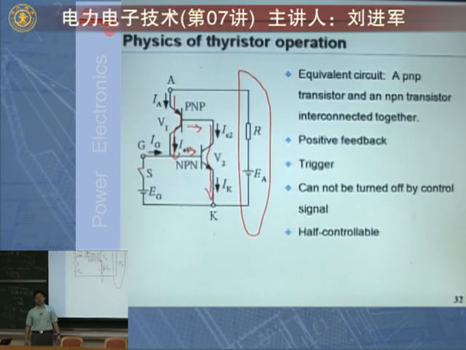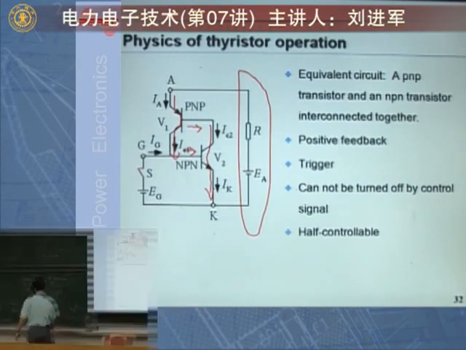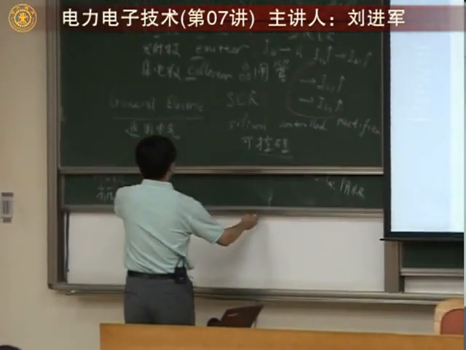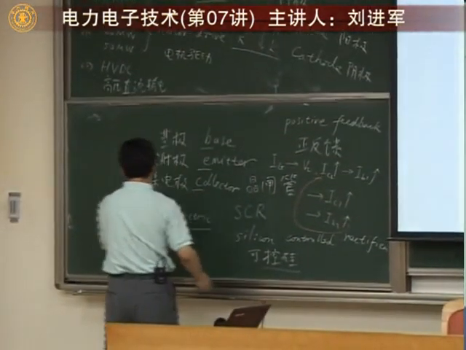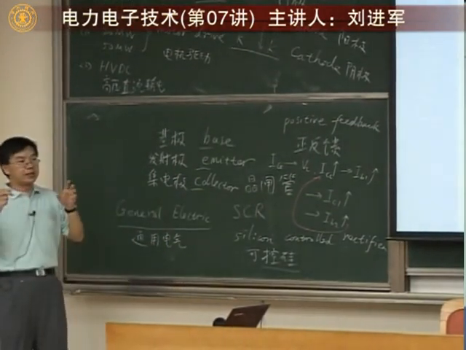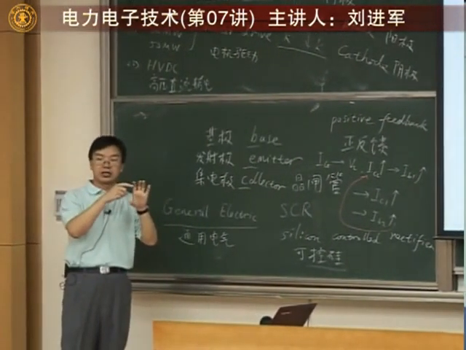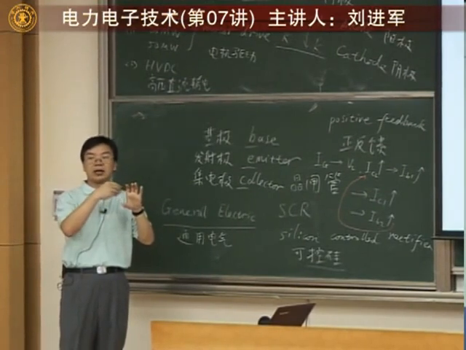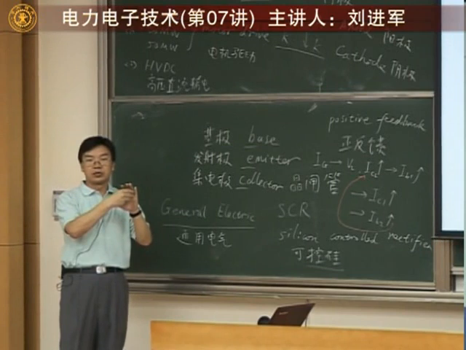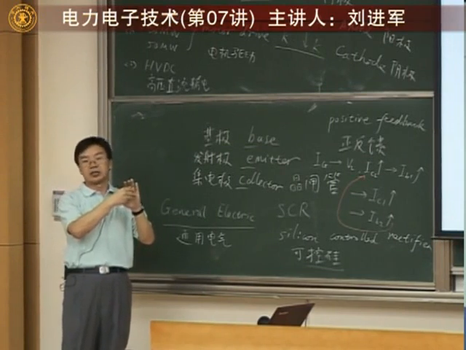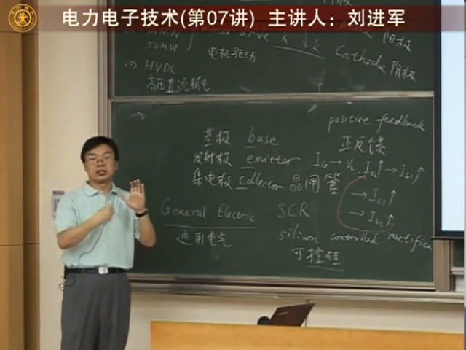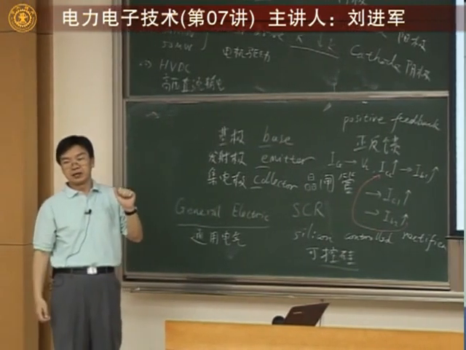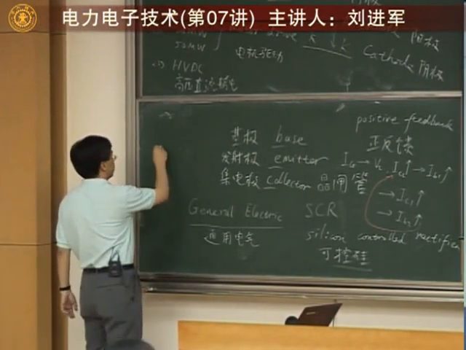The thyristor will still be conducting. So in this case, we do not need this gate current anymore. This controlling mode of injecting current into the gate, where it is not necessary to continuously inject that gate current and the thyristor will still be kept on, is called trigger.